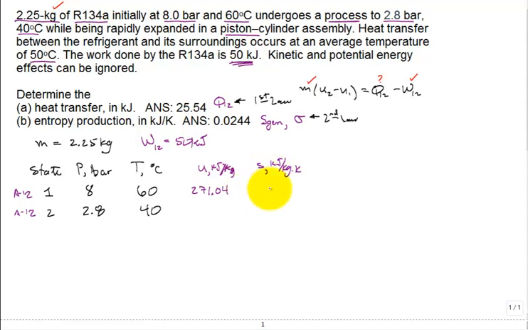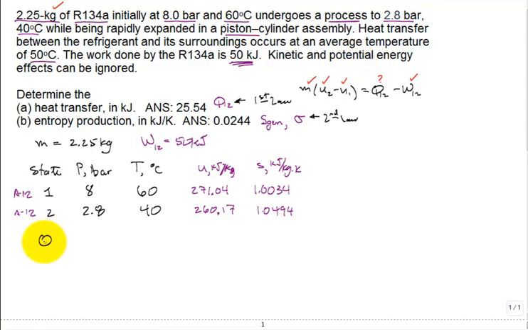The entropy is right next to it, 1.0034. And then at this pressure of 2.8 bar and 40 degrees C temperature, we pick up 260.17 and 1.0494. Again, where did they come from? Table A12 in the book, for superheated refrigerant 134A.